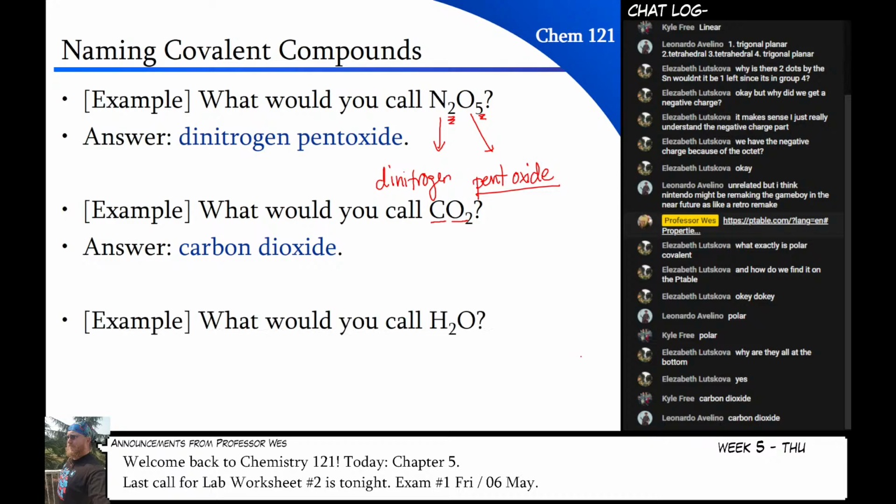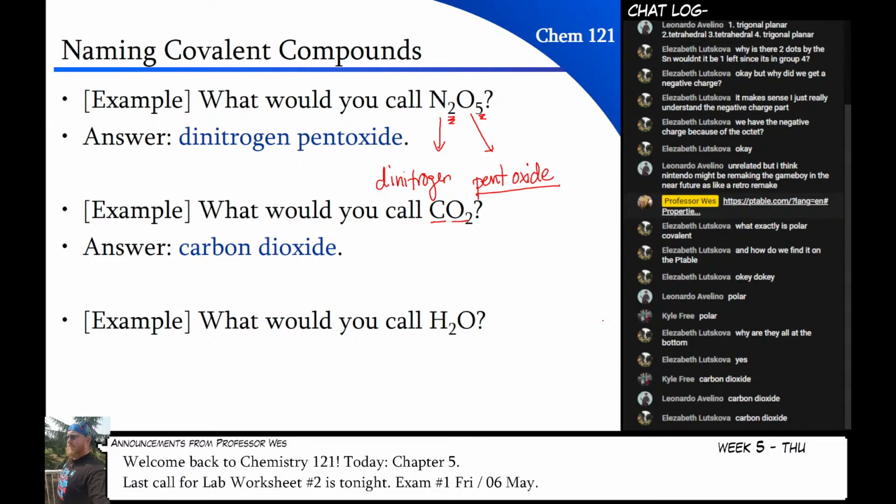All right, what do I call this? Can't just say water. Water does not follow the naming rules.